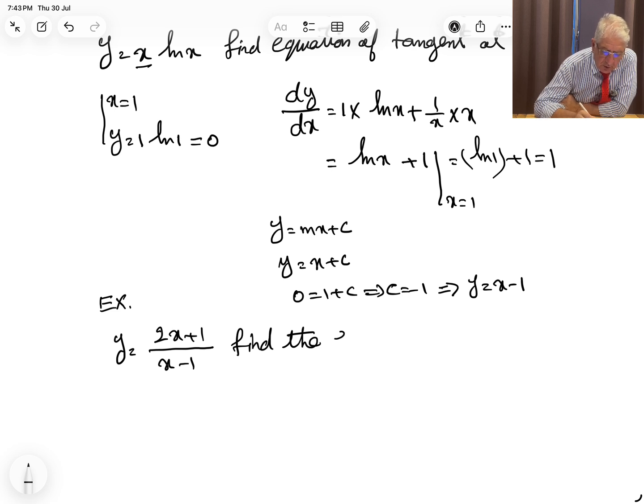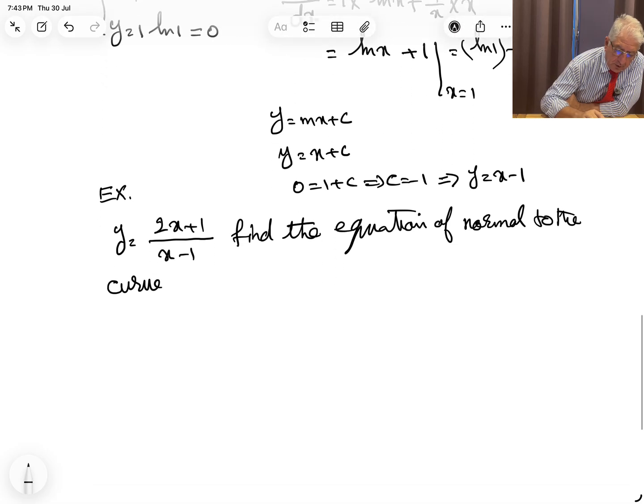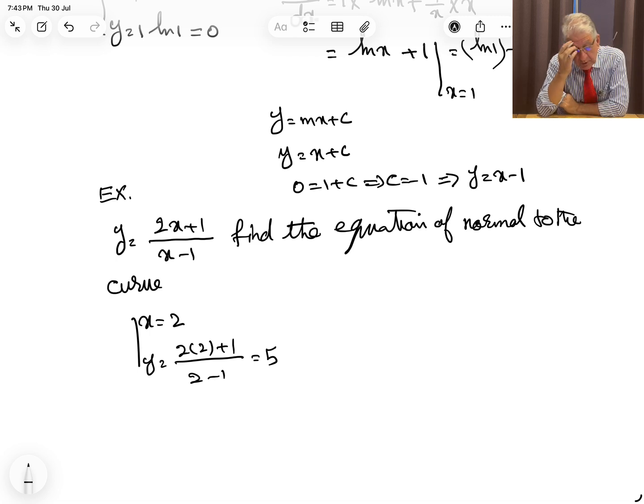Find the equation of the normal to the curve at x is equal to 2. Let us see how much y is. Then y will be equal to 2 times 2 plus 1 divided by 2 minus 1, which is 5. Therefore, we have the point (2, 5).